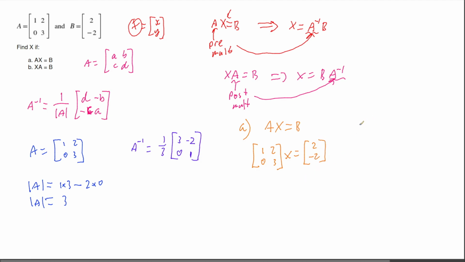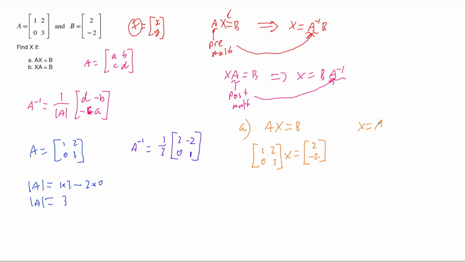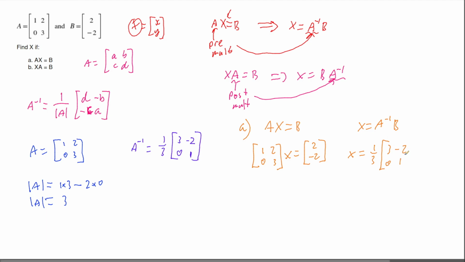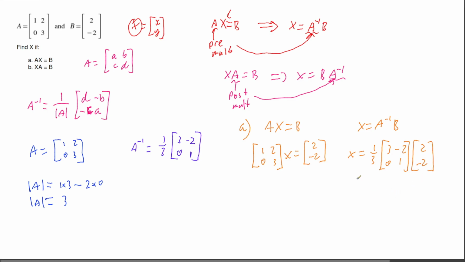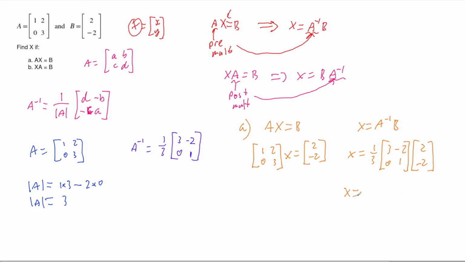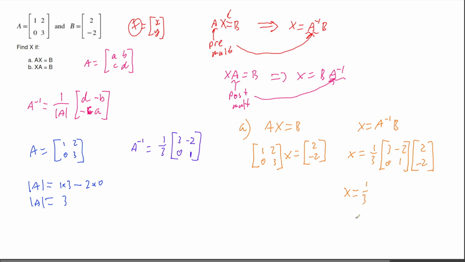When I solve for X, it's going to be the inverse times B. So X is going to be my 1 on 3 times 3, negative 2, 0, 1 multiplied by my B matrix, 2, negative 2. Now I just do this product. I'm going to leave that 1/3 there.